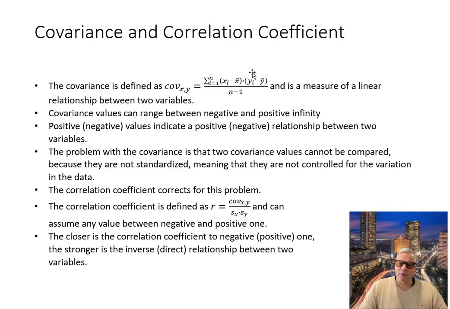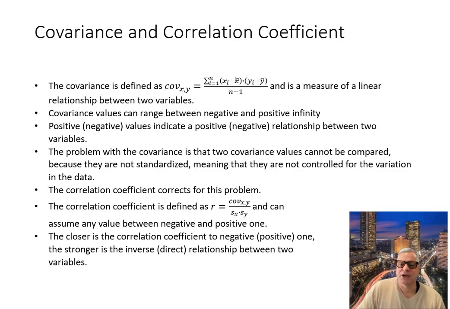And likewise, if we have a relationship that is inversely related, maybe we look at data, for example, between GDP per capita and infant mortality rate. Countries that have an above average GDP per capita, that are very rich, probably have a below average infant mortality rate. So now we would multiply something positive with something negative.